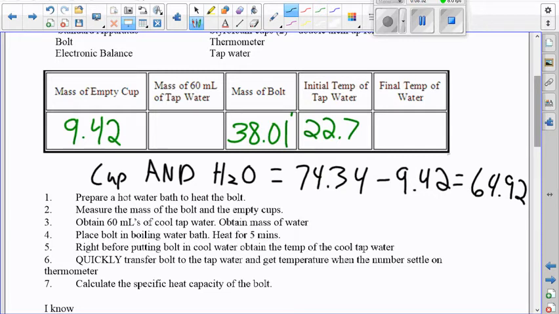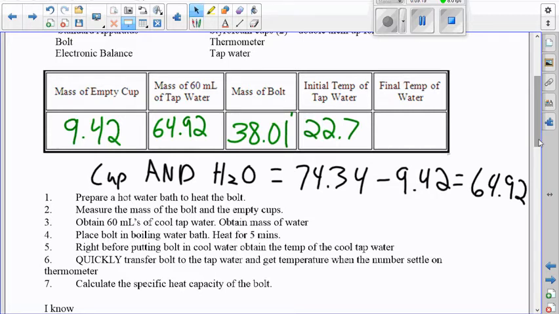So that must be the mass of my water, and that's why I didn't really care if I was exactly measuring out 60 milliliters, because I knew that I was going to find the exact mass of the water one way or the other. So whether it's a 63 or 59 or 64, as long as I know what it is, I'm okay, right? Because the Q equals MC delta T equation doesn't factor in volume, it just cares about the mass. So as long as I know the mass, we are good to go, okay?